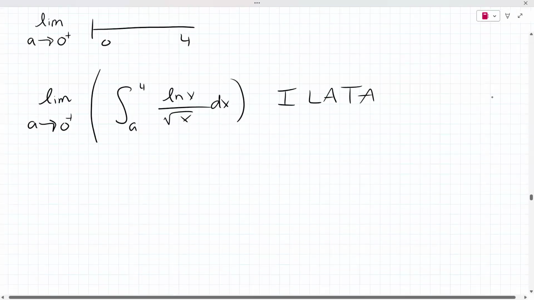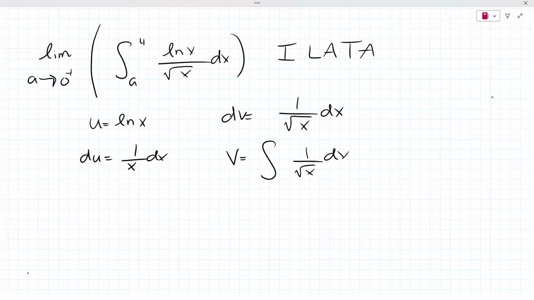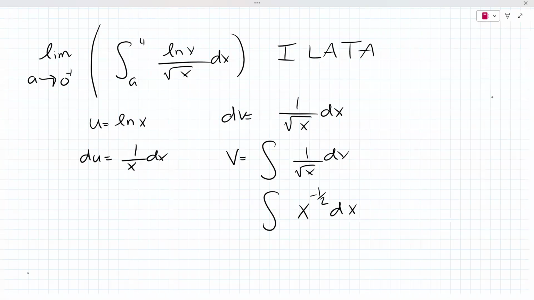My u is going to be ln of x, and my du is going to be 1 over x dx. My dv is going to be 1 over square root of x dx. And my v is the integration of this, 1 over square root of x dx. You can rewrite 1 over square root of x as x to the negative 1/2 dx.